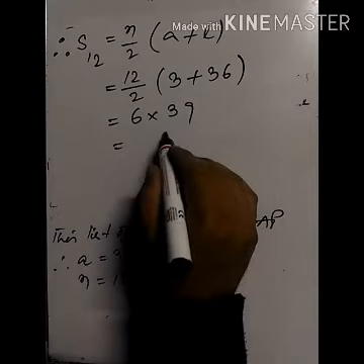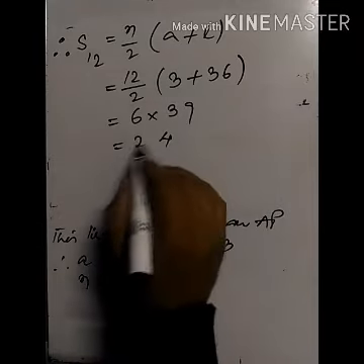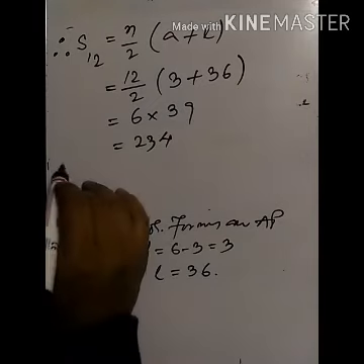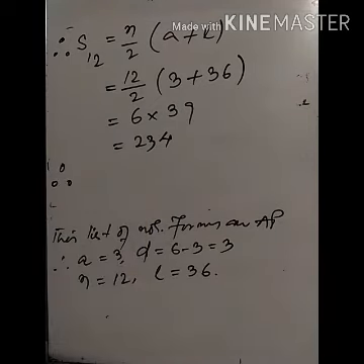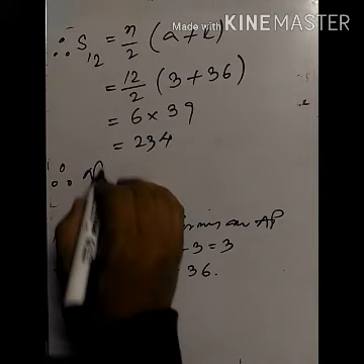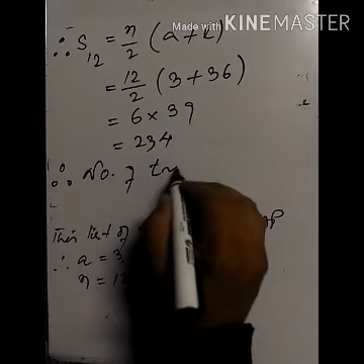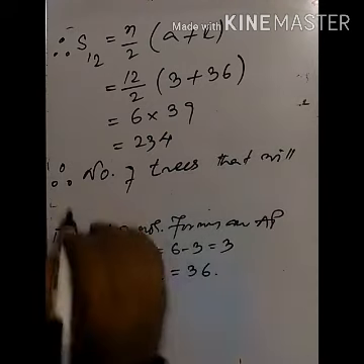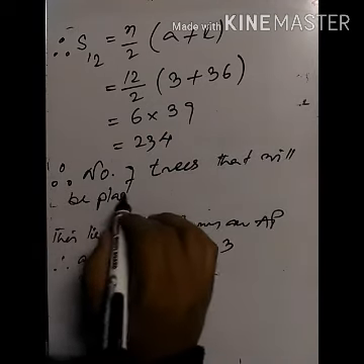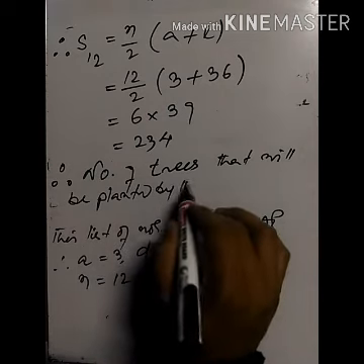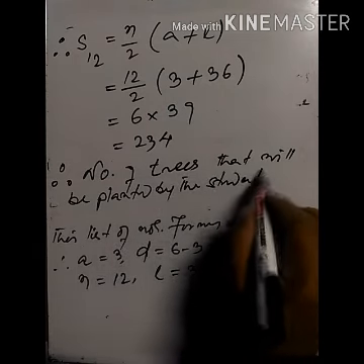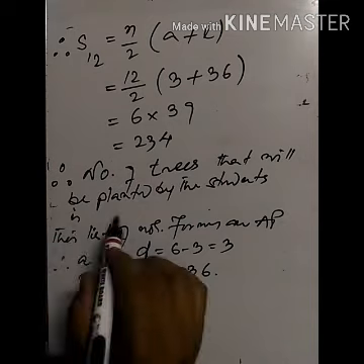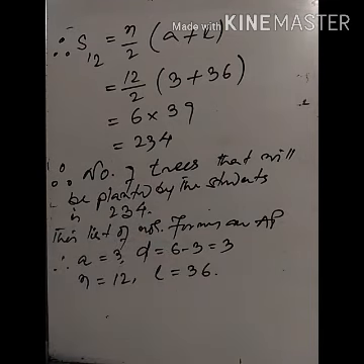So 6 9s are 54, 5 6s are 30, 3 carried is 18, 234. That means the total number of trees that will be planted by the students is 234.